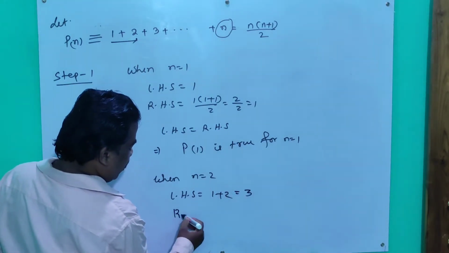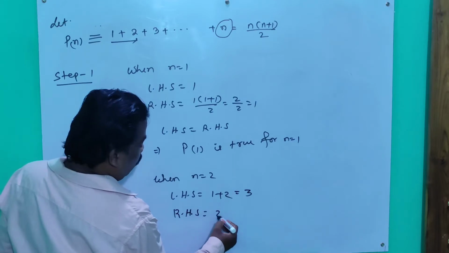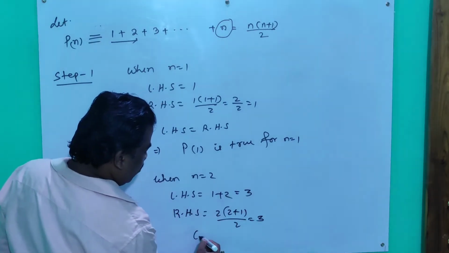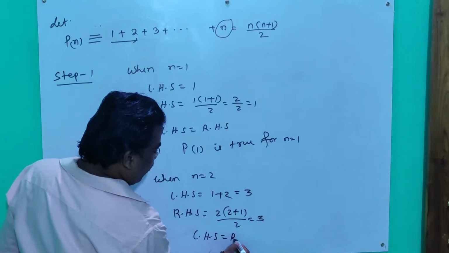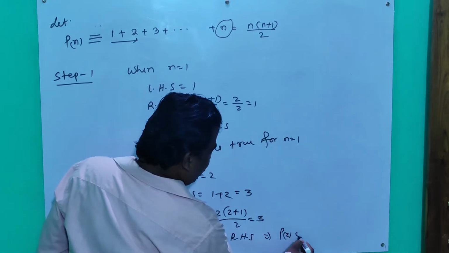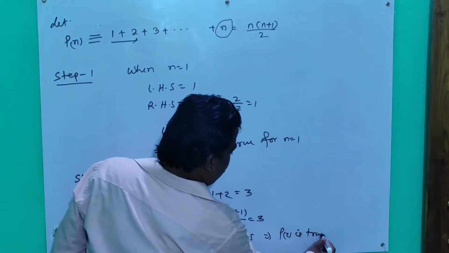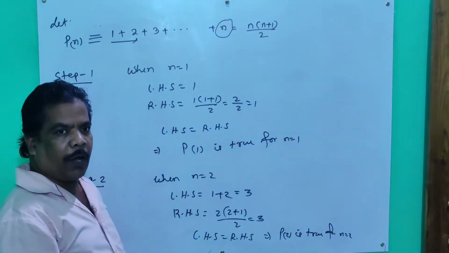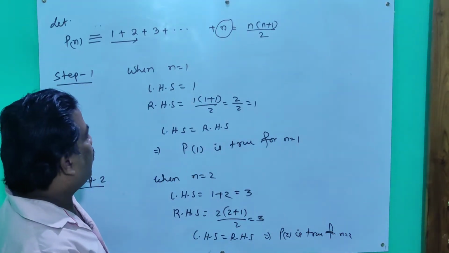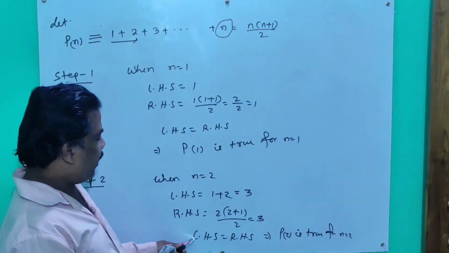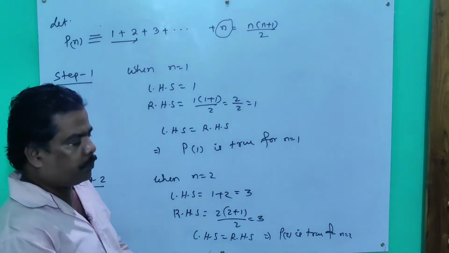And RHS is equal to 2 whole into 2 plus 1 by 2, that is equal to 3. So LHS is equal to RHS. This shows that P2 is true for n is equal to 2. Now see, P1 is true for n is equal to 1. P2 is true for n is equal to 2.